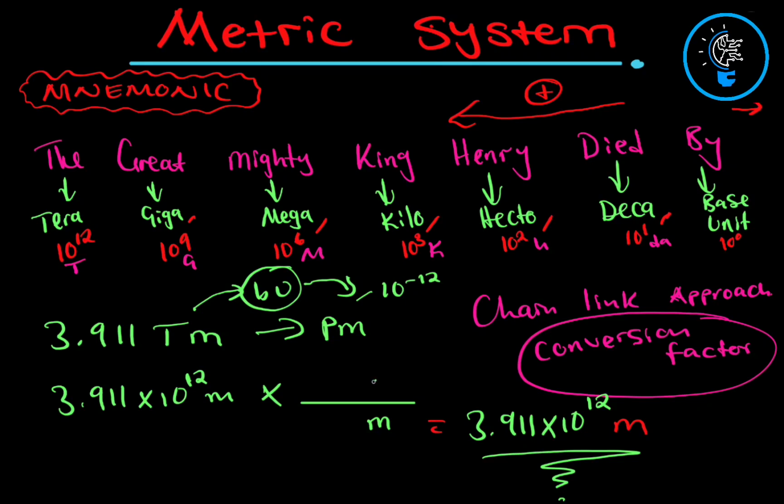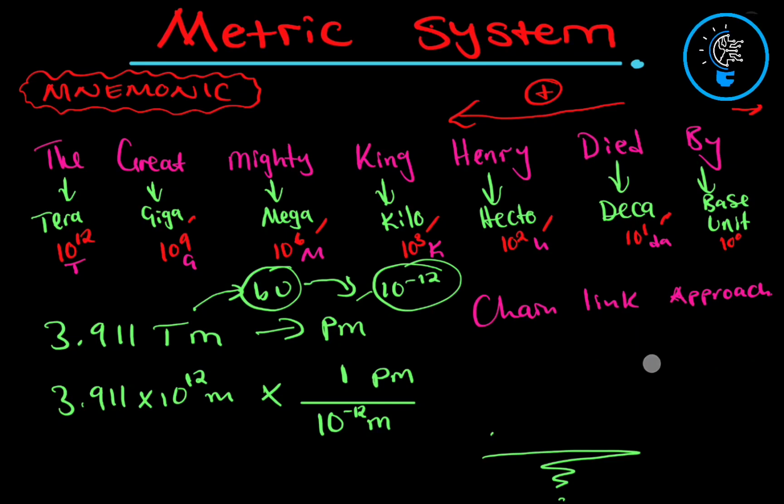And on top we need to have picometers. Now, in 1 picometer, we have 10 to the power negative 12 meters. These things can disappear this time.